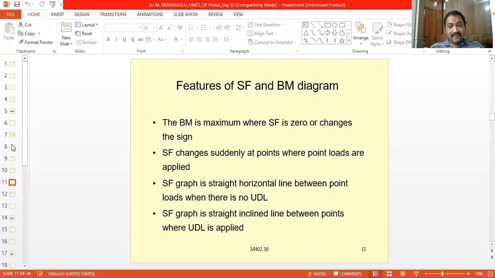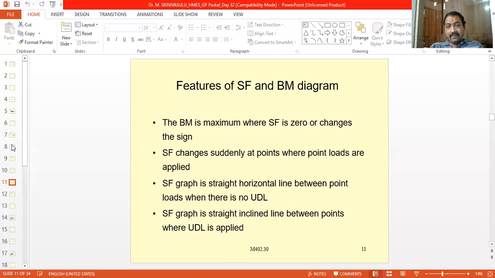That is, the shear force may be increasing from negative to positive, or it may be decreasing from positive to negative. So it is touching the zero point, or its value may be zero at some point. At that point it is touching the zero line, so there the shear force is zero.